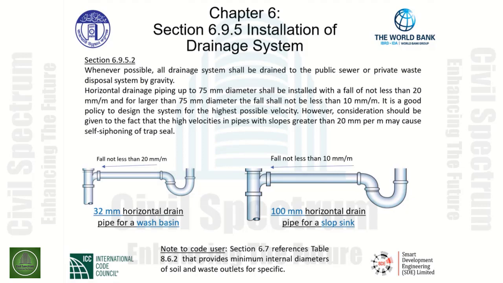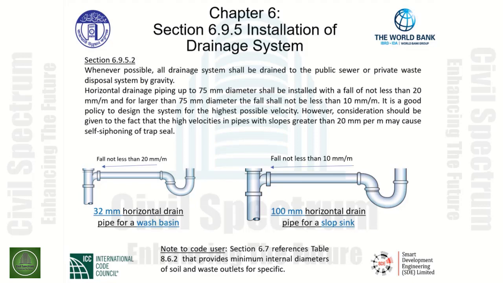6.9.5.2 gives us a requirement regarding the slope of horizontal drainage piping. Whenever possible, all drainage systems shall be drained to the public sewer or private waste disposal system by gravity.